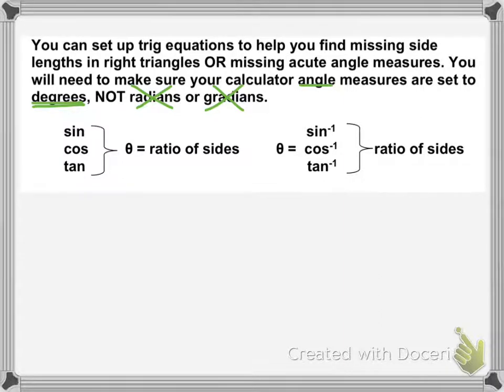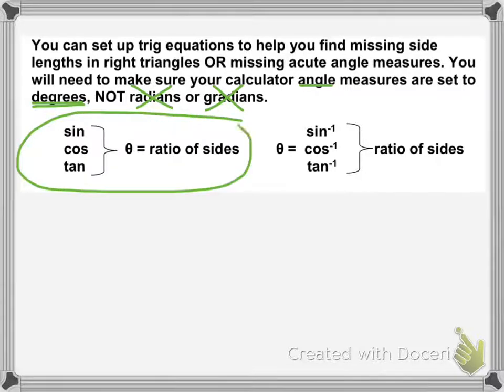So over here on the left, this is kind of how you would set up your equation to find any missing side lengths. Okay. And so in this type of example, you're going to know one of your acute angles. So right here is where you would put the degrees of your angles.